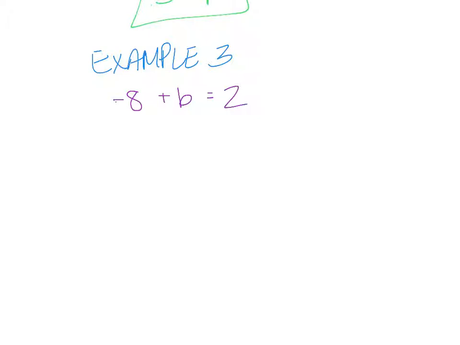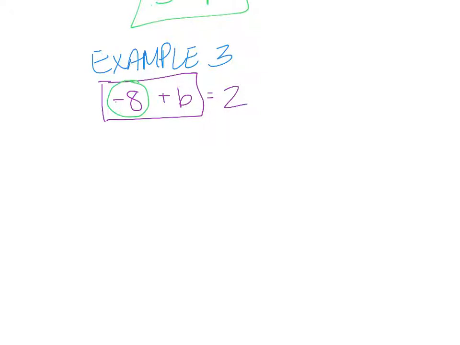Okay, this problem is a little bit different, but not really. The only thing is it's set up as -8 plus b instead of b minus 8. So your negative is at the beginning. Okay, so this is the side with the variable. And we know that this is the part that we need to move to the other side. That is a -8.